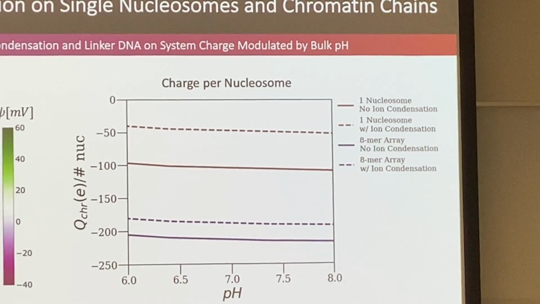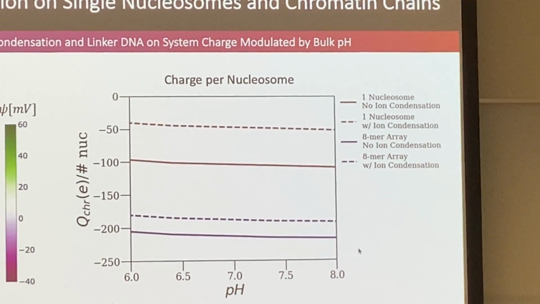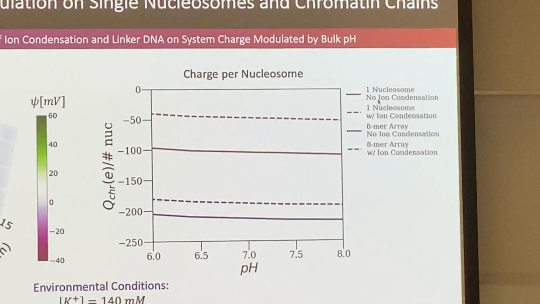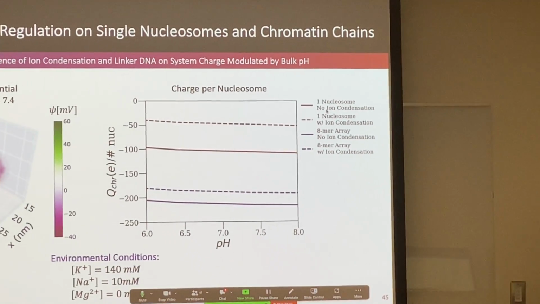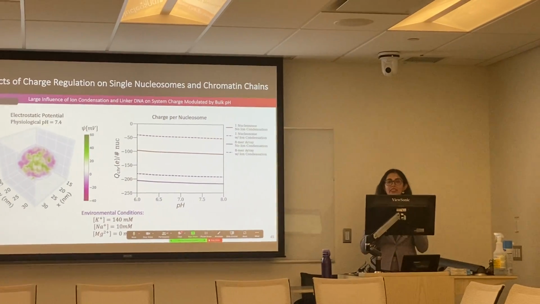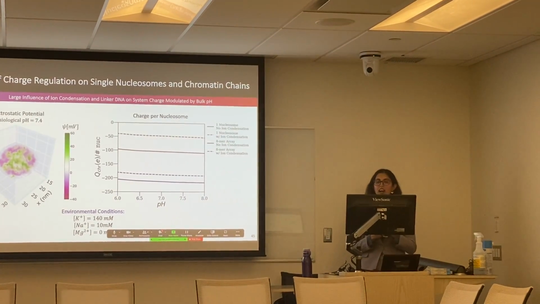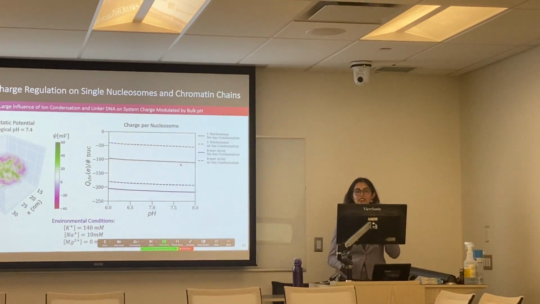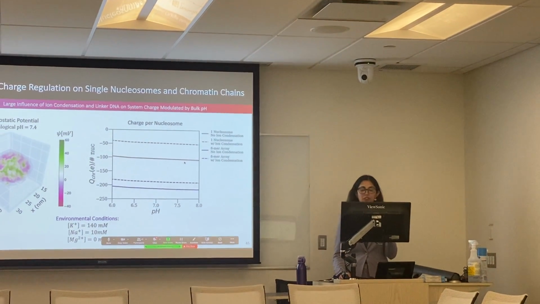In addition, we see that the average charge per nucleosome is much lower for the 8-mer array compared to the single nucleosome, and this is because the 8-mer array takes into account the linker DNA that connects the nucleosomes, and the negative charge of the linker DNA is very much contributing to this decrease in electrostatic potential, or the charge of the system.